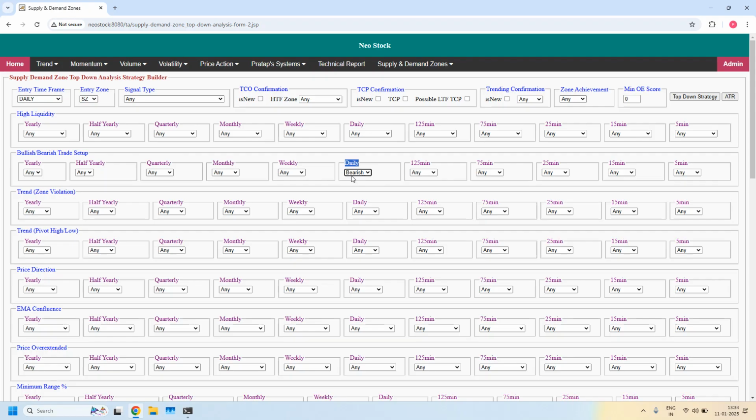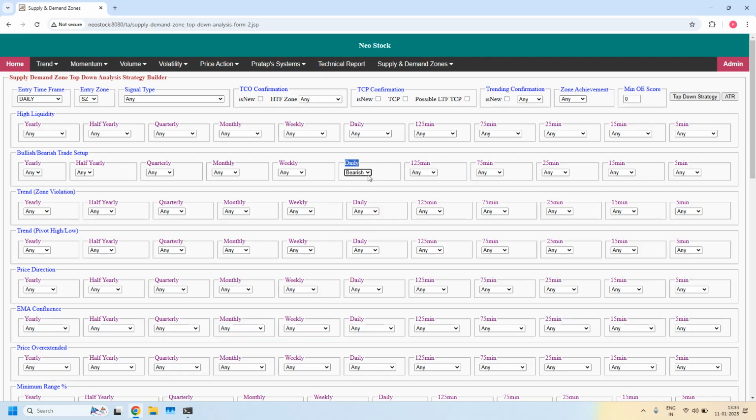Depending on that, automatically the software assumes whether it is a monthly time frame or weekly time frame or MIT or WIT or DIT or HIT. Based on what you select here, that determines automatically. Software is having that kind of intelligence. So that's why we are setting daily time frame bearish.